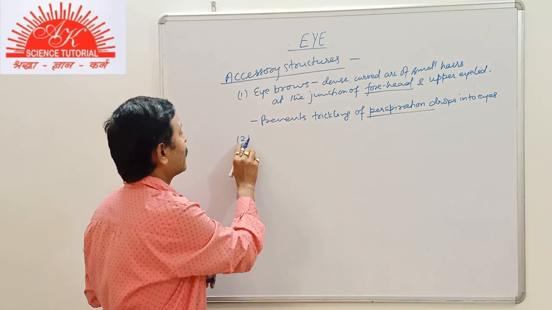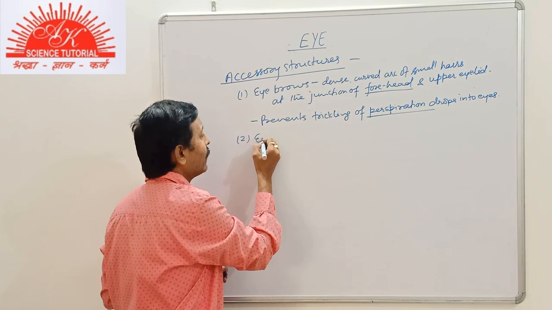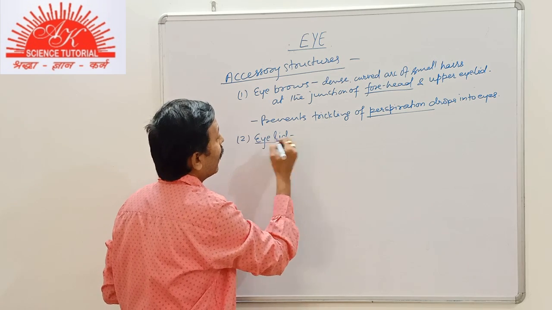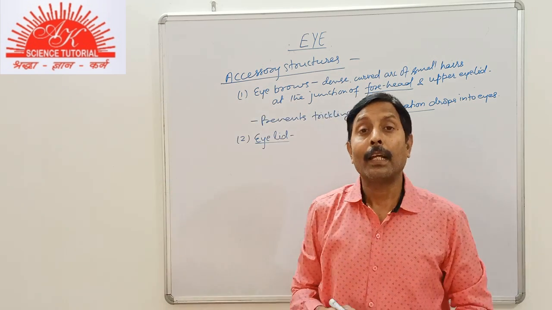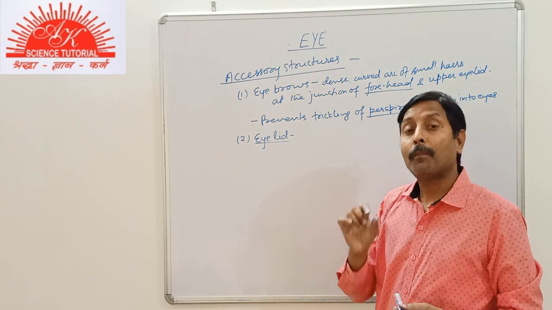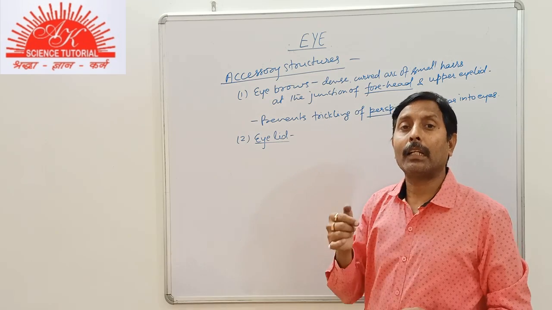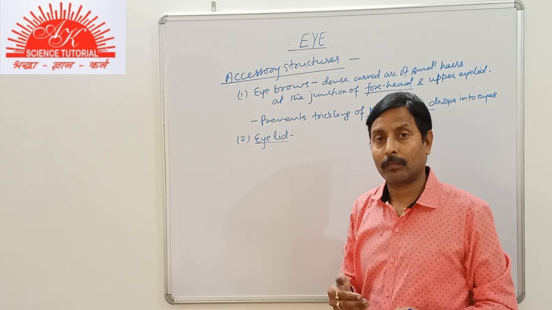The second accessory structure is the eyelid. It is the protective membranous skin layer in front of the eye.